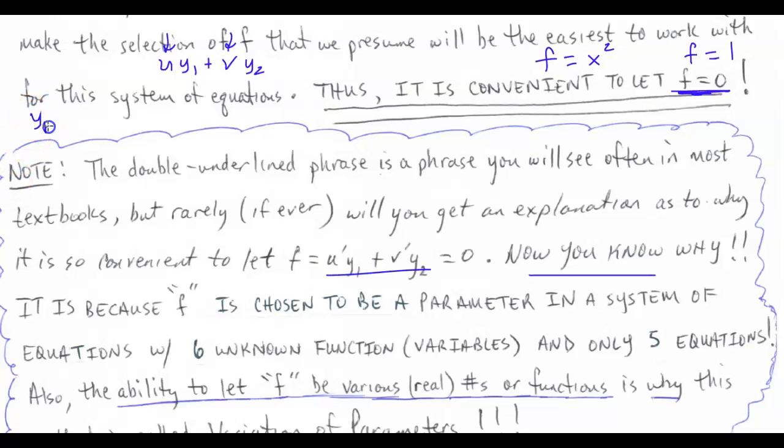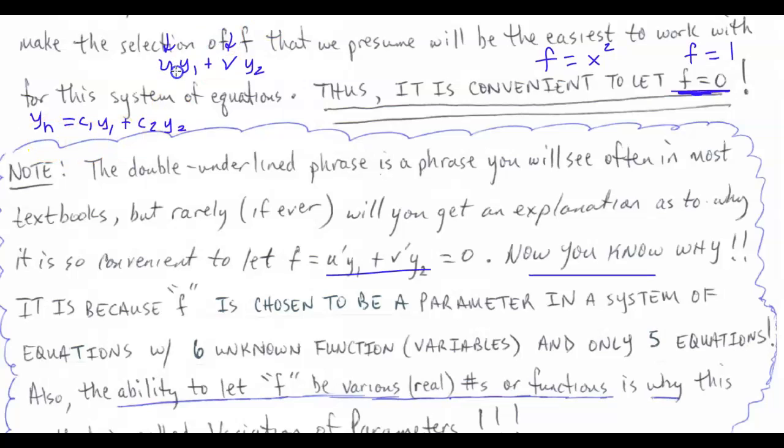For a homogeneous solution, we have c1 y1 plus c2 y2. Based upon what c1 and c2 are, and they're arbitrary, we could find other solutions for the homogeneous equation.